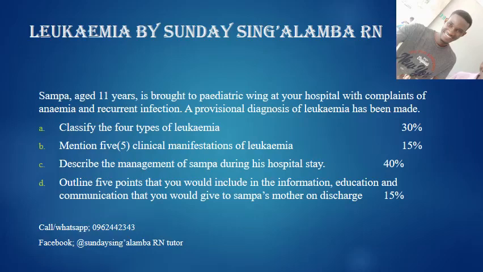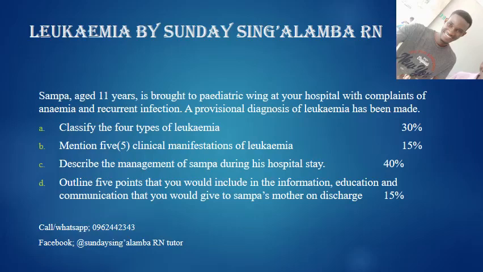We know that there are 3 types of blood cells. We have the red blood cells that are used in the transportation of oxygen from the lungs to other body tissues. We also have the white blood cells, which are used in the fight against invading organisms. Then the last type is the platelets, which are used in the process of blood clotting.